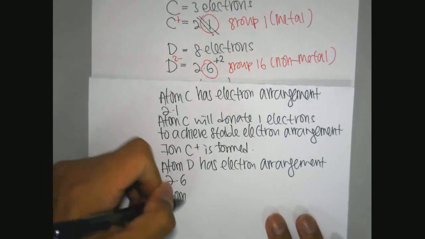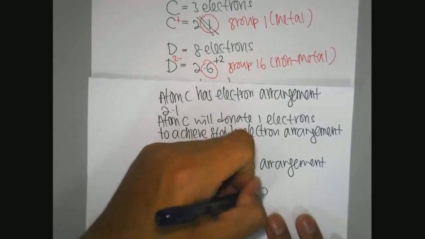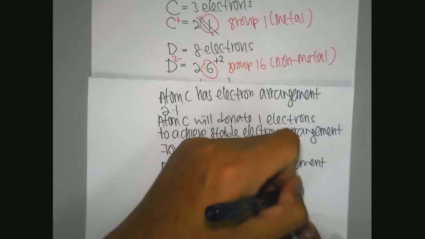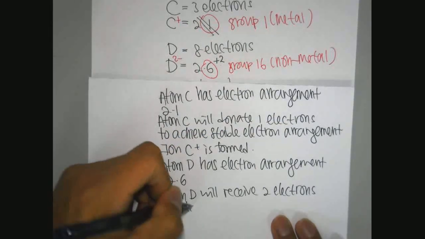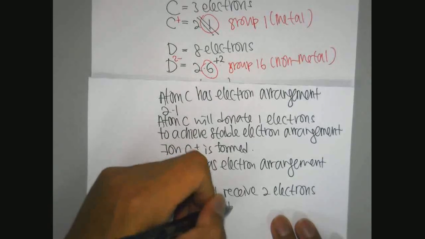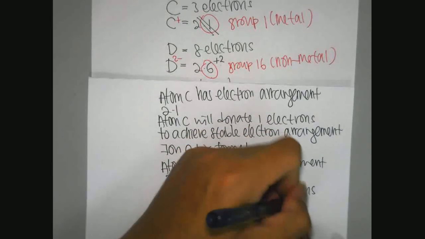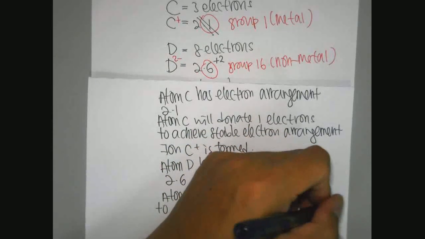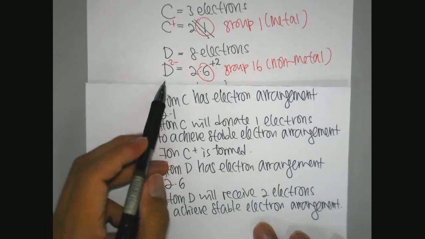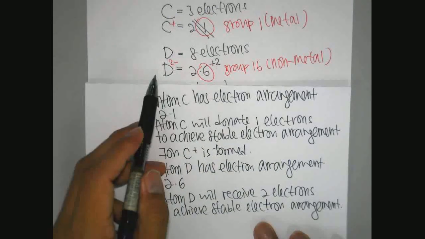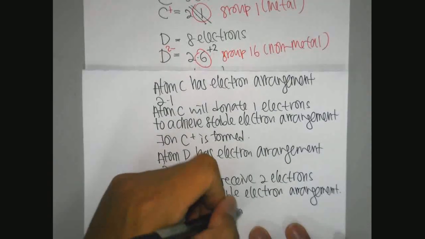So atom D will receive 2 electrons. What is the purpose of receiving 2 electrons? Because atom D wants to achieve stable electron arrangement. Once we achieve stable electron arrangement, what happens next? Because atom D receives 2 electrons, it becomes D2 minus. When you become an ion, you have to write this ion form.